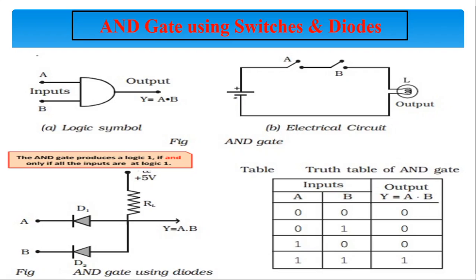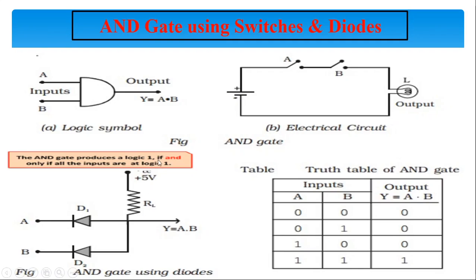The definition of an AND gate is: an AND gate has two or more inputs but only one output. It is known as an AND gate because the output is high only when all the inputs are high. For other inputs, the output is low.